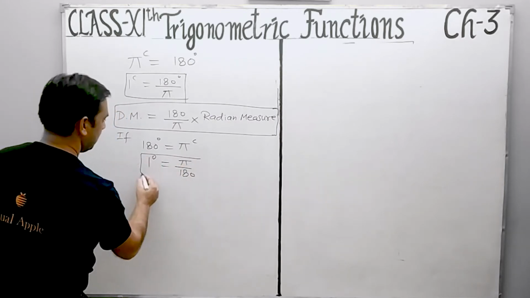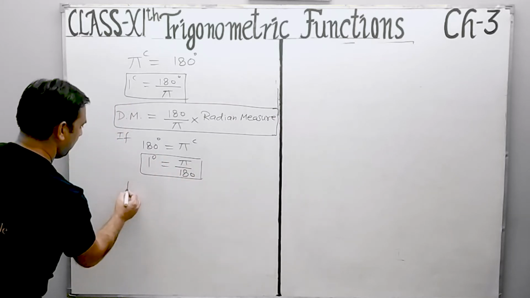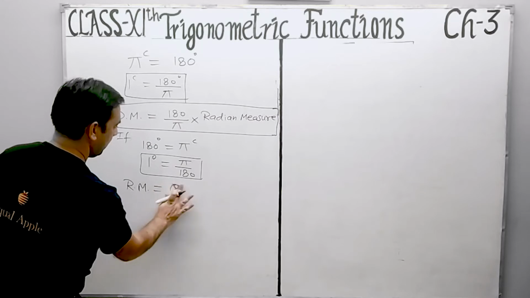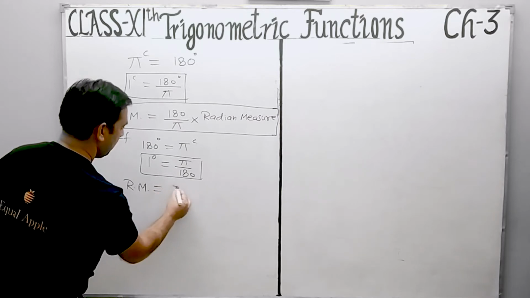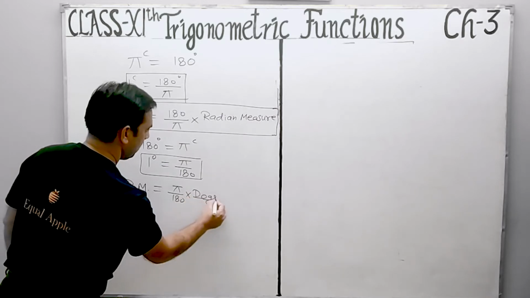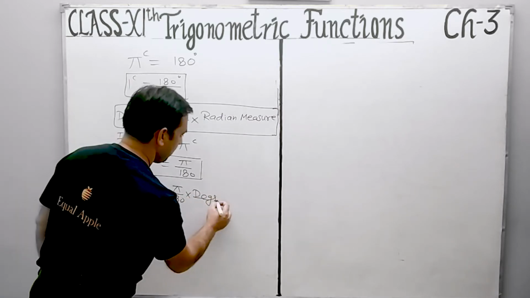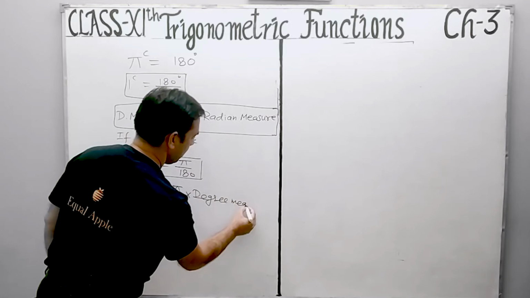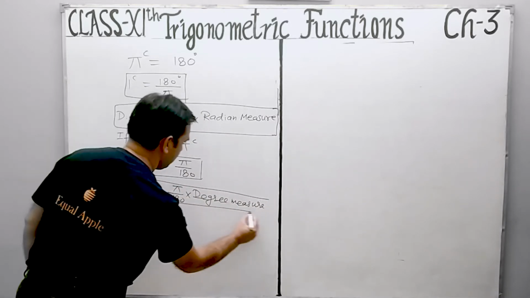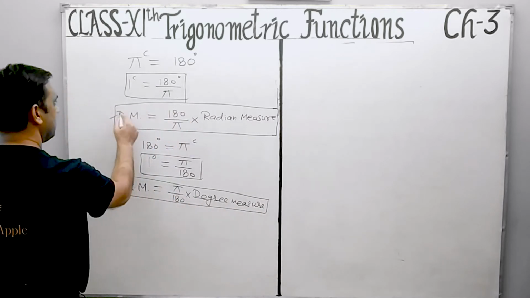So by this we can find the formula of radian measure, that is, pi upon 180 into degree measure, right? So these are the two formulas which we will use in the exercise.